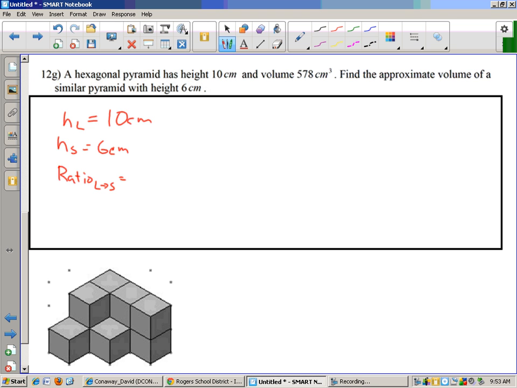You could reduce it. So you're going to put 5 over 3, and it's going to reduce to that. You don't have to have the centimeters there. So the ratio would be 5/3 for the length of the sides. 5 to 3.